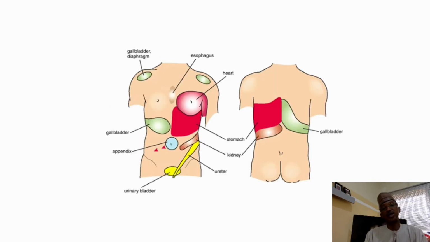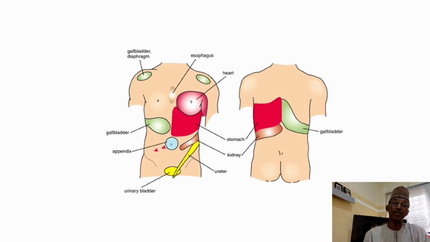This is just a slide showing the referred pain. When you hear this word referred pain, it is talking about a pain originating from somewhere, but it's being referred to other places far away from its primary area of origin.